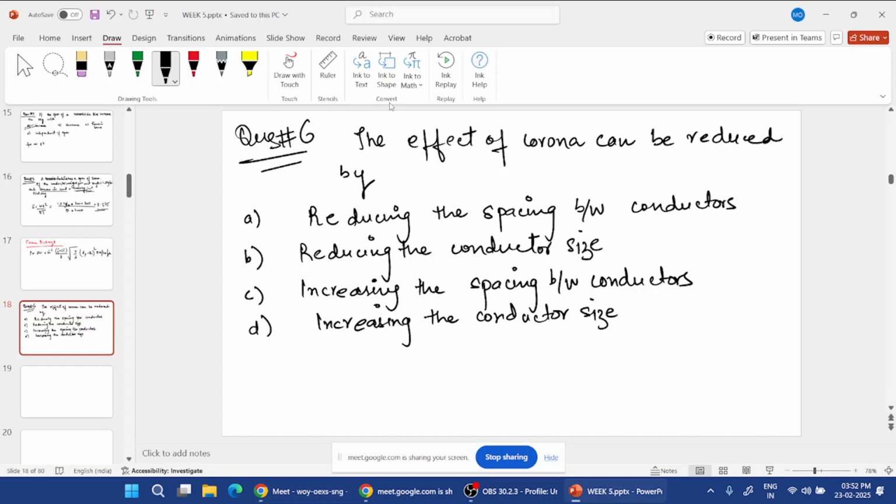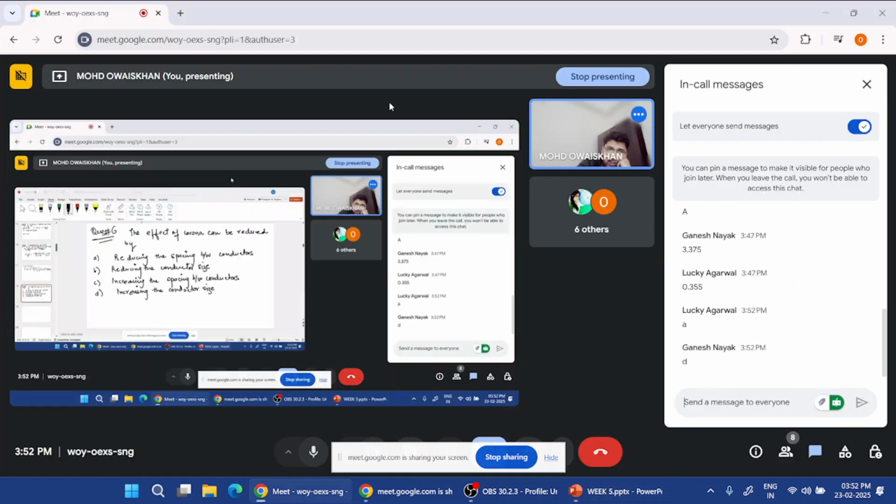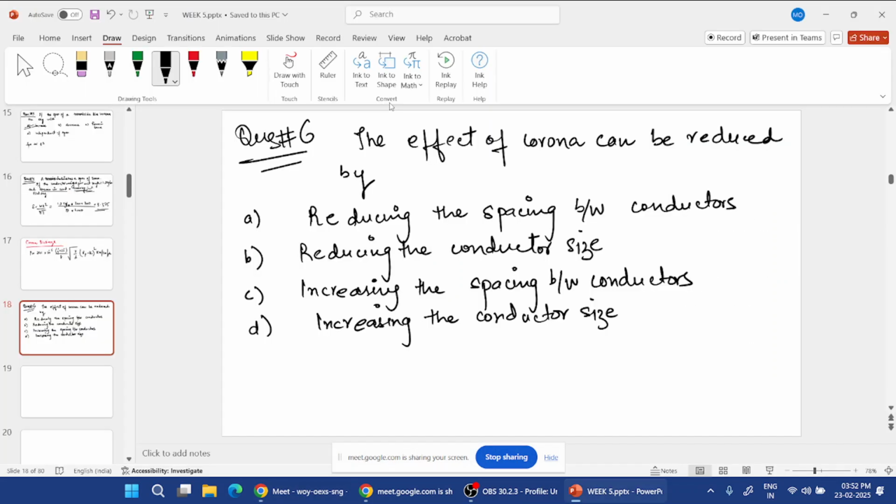D. Only D. I don't think A is correct; there may be multiple correct options.